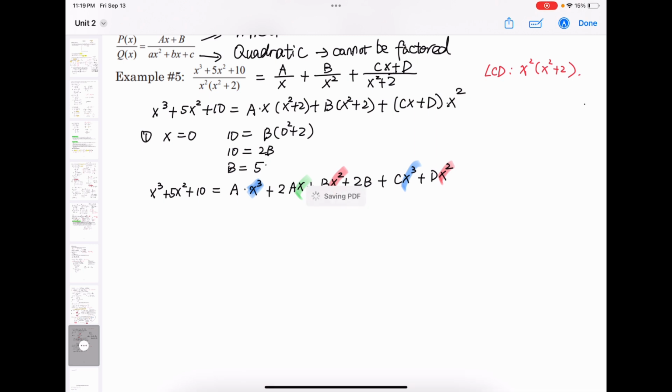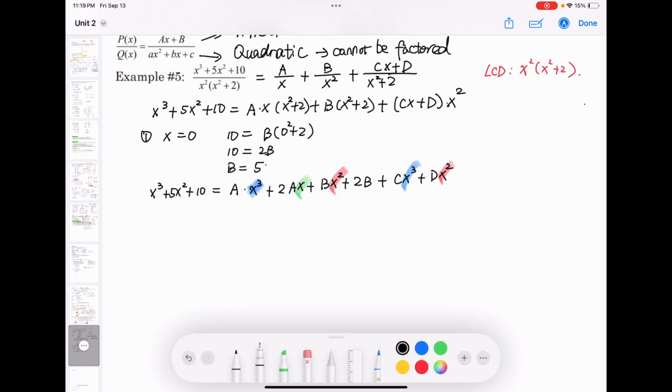So let's rewrite it. x cubed plus 5x squared plus 10 is equal to a plus c times x cubed, plus the squared term b plus d times x squared, plus 2ax plus 2b.